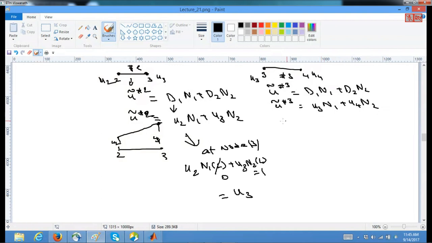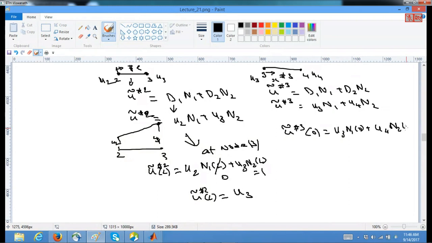Now if I want to evaluate this at 0, because x is measured from here in this case, it will give U tilde of 2 at L. So U tilde of 2 at L and U tilde at 0 is U3 N1 at 0 plus U4 N2 at 0, but I know this is 0 and this is 1, so this is U3.